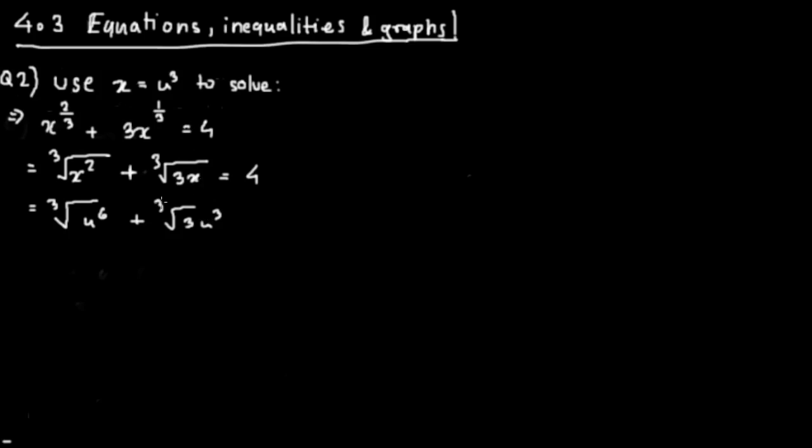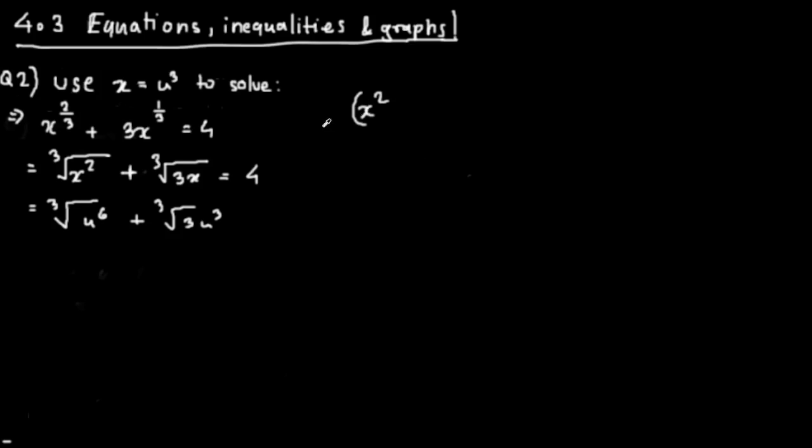Okay, I understand how this is equal to u cubed, but why is this equal to u to the 6? It's because there's a square here, right? So if you substitute this already, it's going to be u cubed to the power of 2, which if you use the exponential rule, 3 times 2, it's going to equal u to the 6, right?